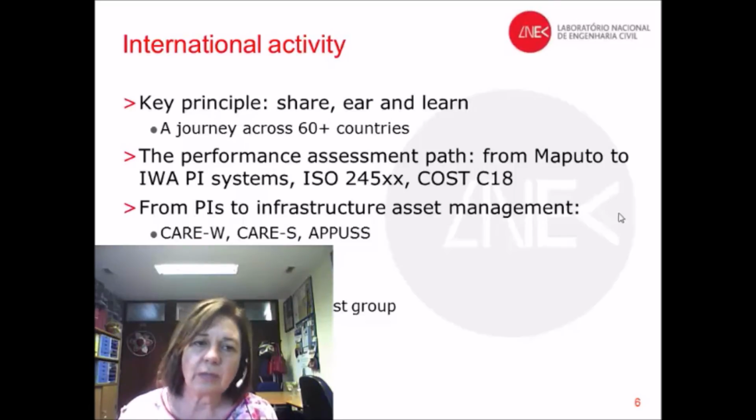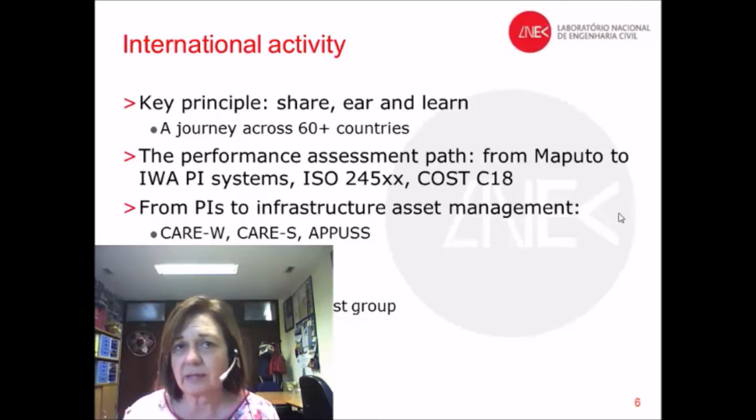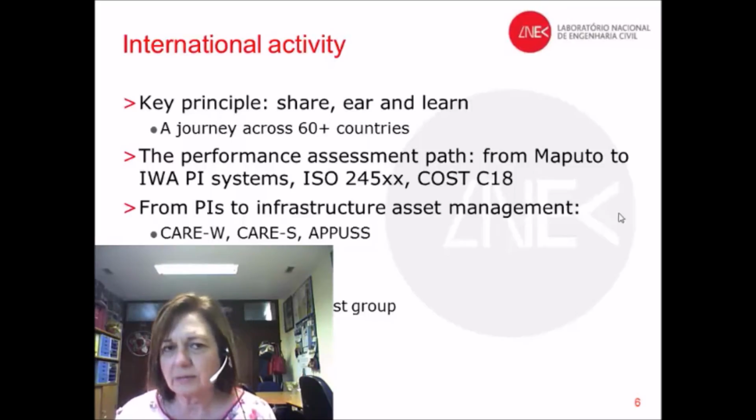And this was later incorporated into the ISO standards 24510, 11, and 12. We also carried out a European research network called COST C18 that I chaired, about performance indicators of water supply, wastewater, and urban waste. And so this gave a lot of visibility to the work that we had started here in Portugal.